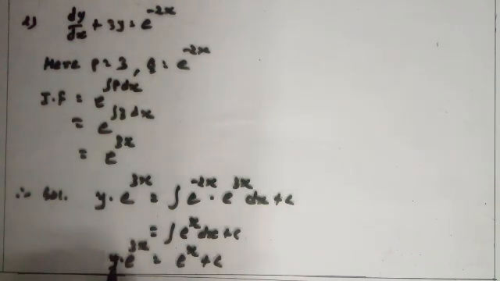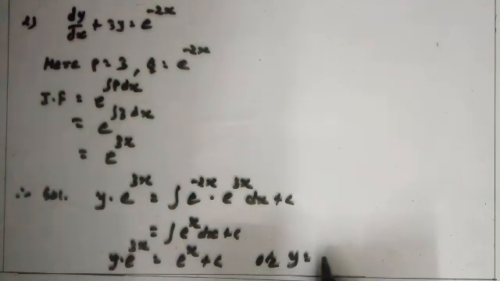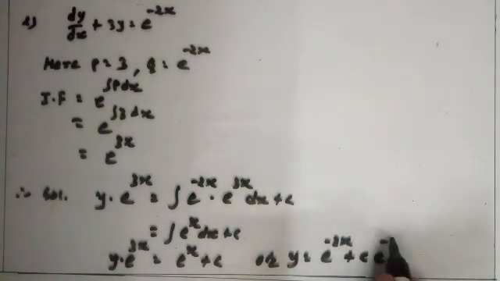Or y is equal to, dividing by e raised to 3x, we get e raised to minus 2x plus c into e raised to minus 3x as the solution. Clear? Or y is equal to e raised to x upon e raised to 3x, which becomes e raised to minus 2x plus c into e raised to minus 3x. Okay?